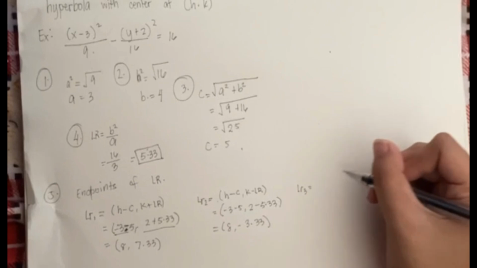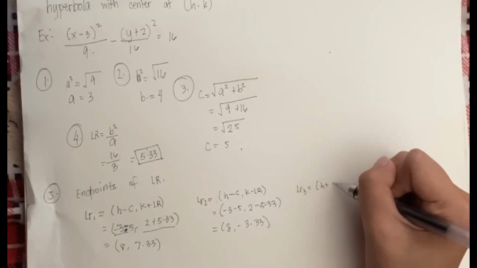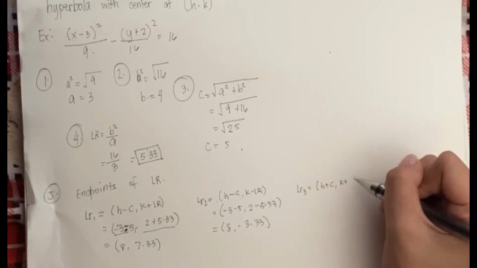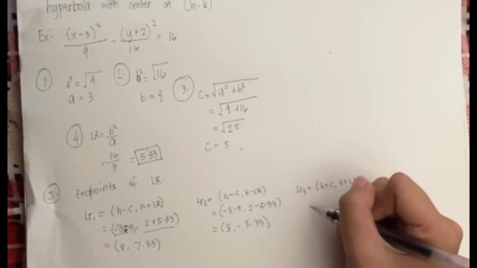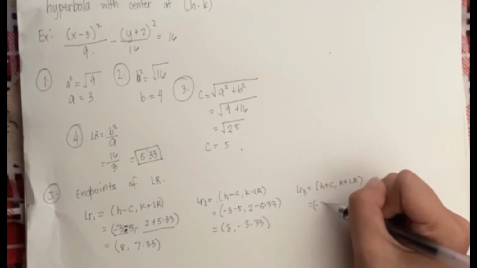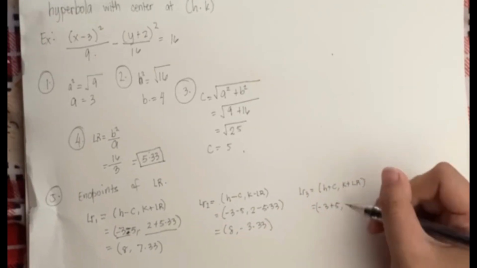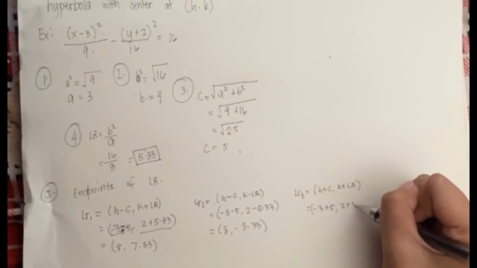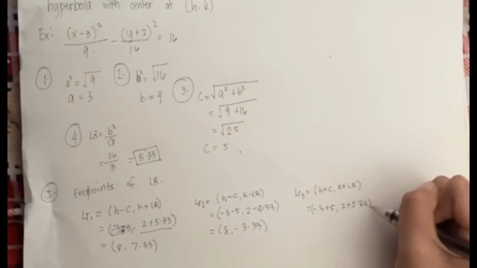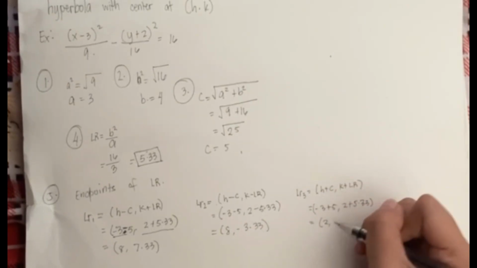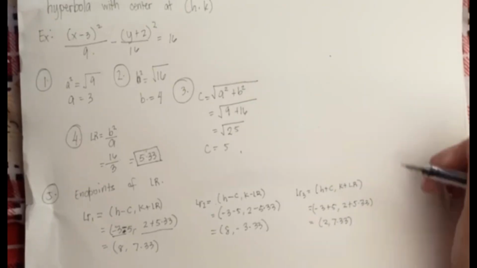The LR3, again, you have to copy the formula but change the signs. So substitute. So the LR3 would be 2 and 7.33.